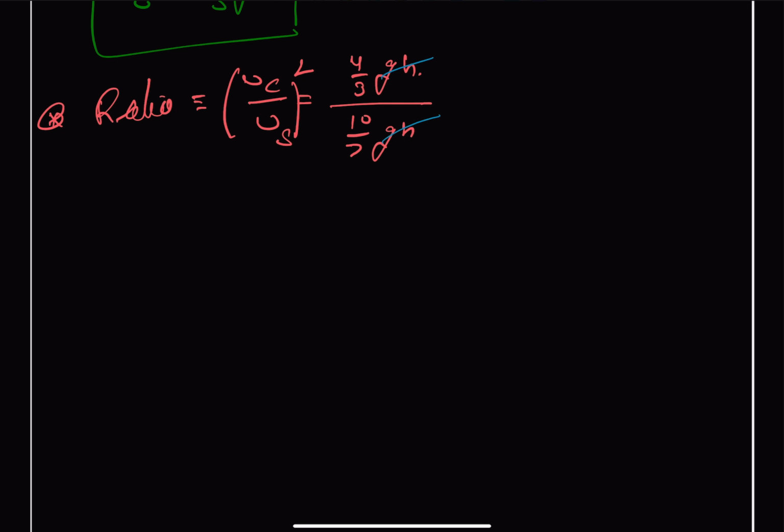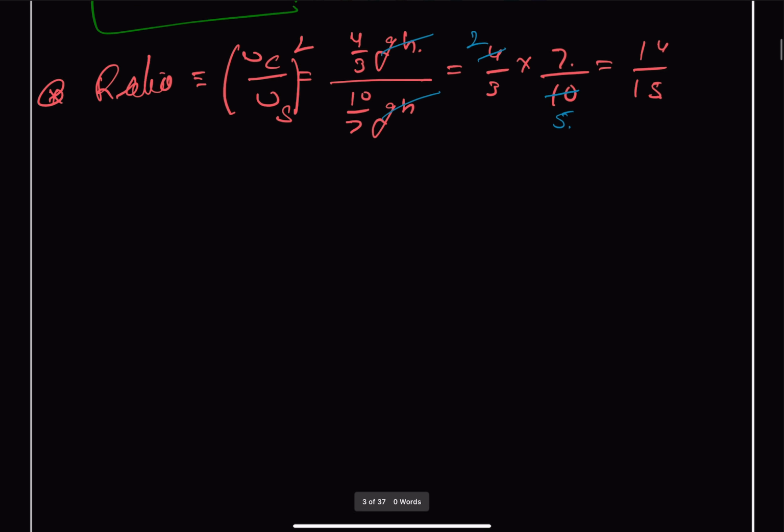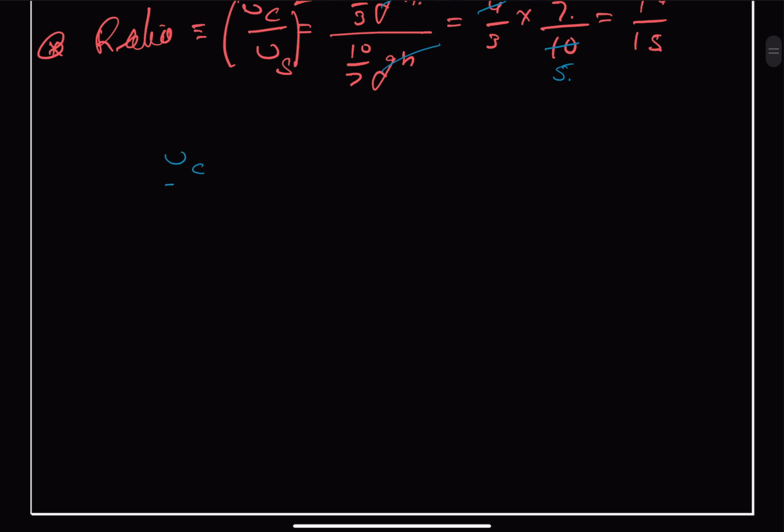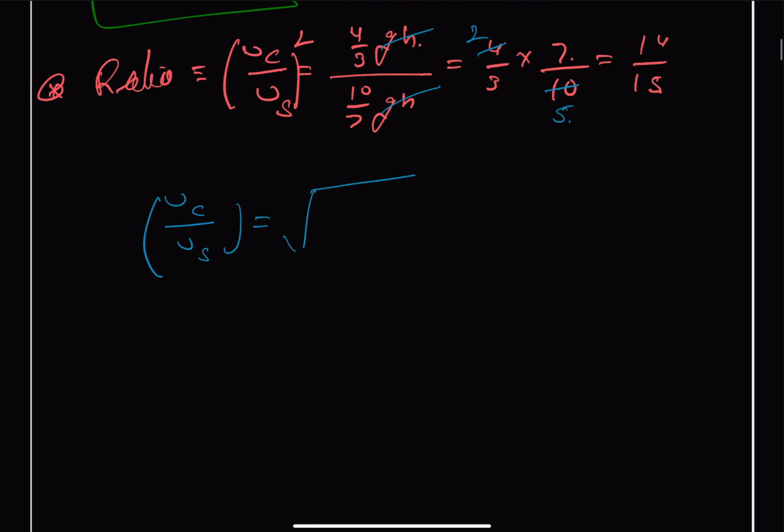So GH and GH cancel out. This comes as 4 by 3 multiplied by 10 by 7. So this goes by 2 and this goes by 5, so this comes as 14 upon 15. Therefore, Vc upon Vs will be equal to square root of 14 upon 15.